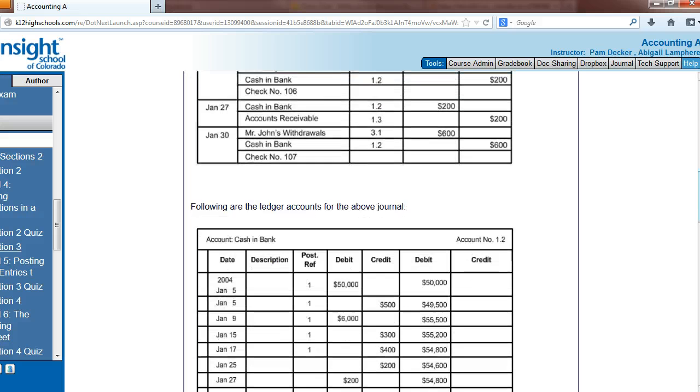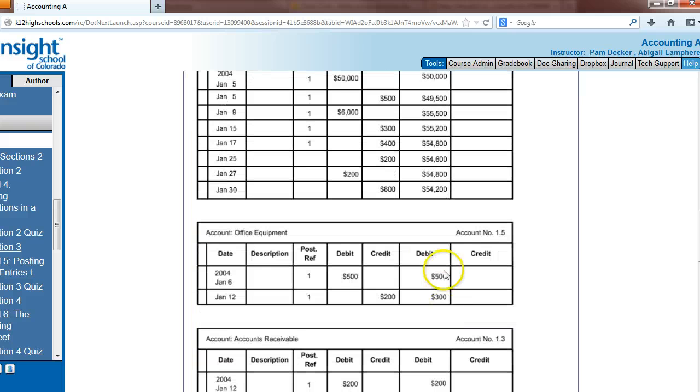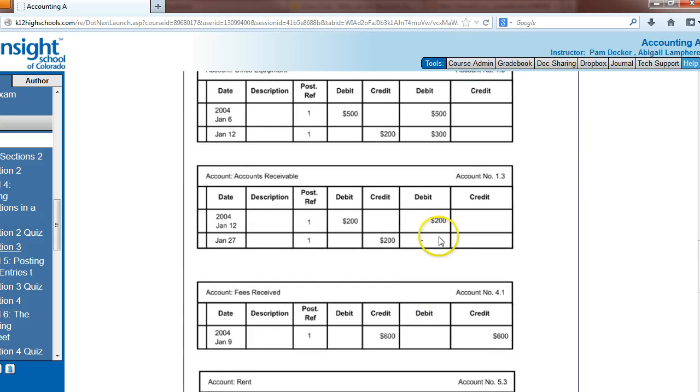We had to record that over into the ledger because we can see we started with a $50,000 balance and then we ended up with a $54,000 balance. That's a good sign. We made money. And office equipment, you can see the value of your office equipment at the end of the month. And like here, this was an accounts receivable.